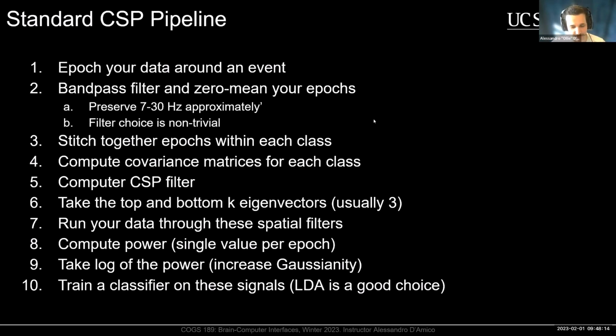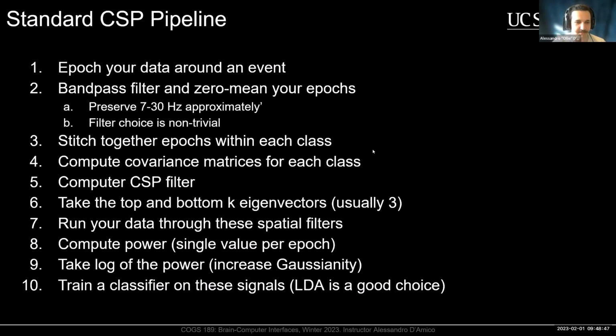And then you can either use the result of all of those filter banks, both spatial and temporal filters, as your dimensions for your classification, or you can use some sort of cross-validation to learn the optimal filter banks. There are a ton of different things you can do to increase your signal extraction when it comes to motor imagery and CSP.